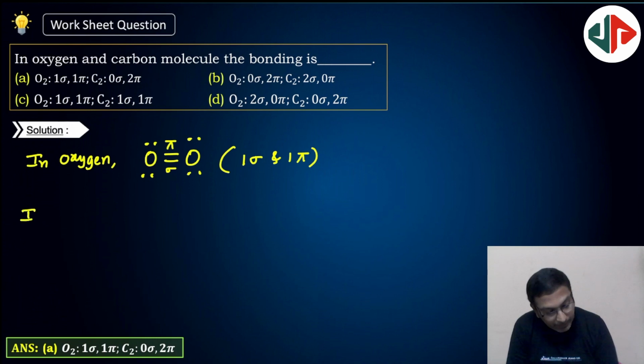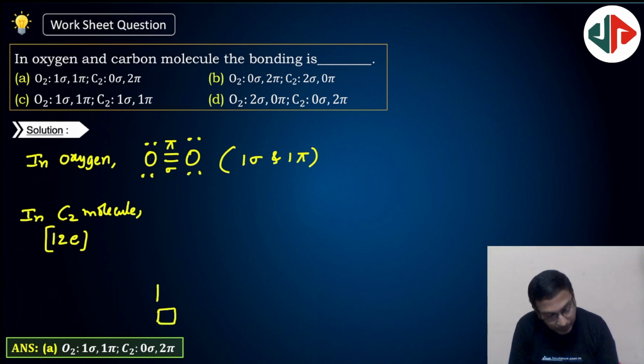Next in C2 molecule, total number of electrons 12 electrons. We will write molecular orbital diagram. Molecular orbital diagram of C2, 12 electrons: 2 plus 2 plus 2 plus 2 is 8, 9, 10, 11, 12.